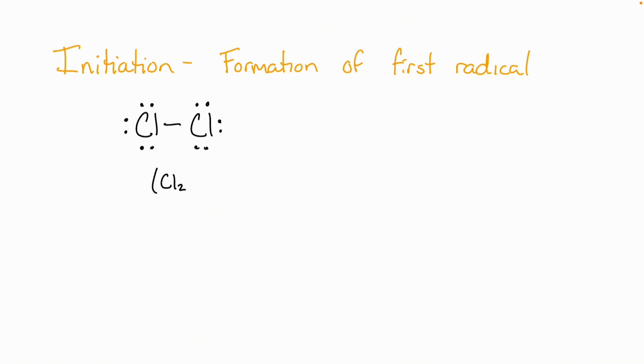This is just Cl2. I've just drawn out the Lewis structure for it. Make this bond a little bit bigger. And what happens is, then we're going to hit it with that light, and it's a fairly high energy photon that we're going to use. All right, and what we're going to see is that this is what creates our chlorine radical here.